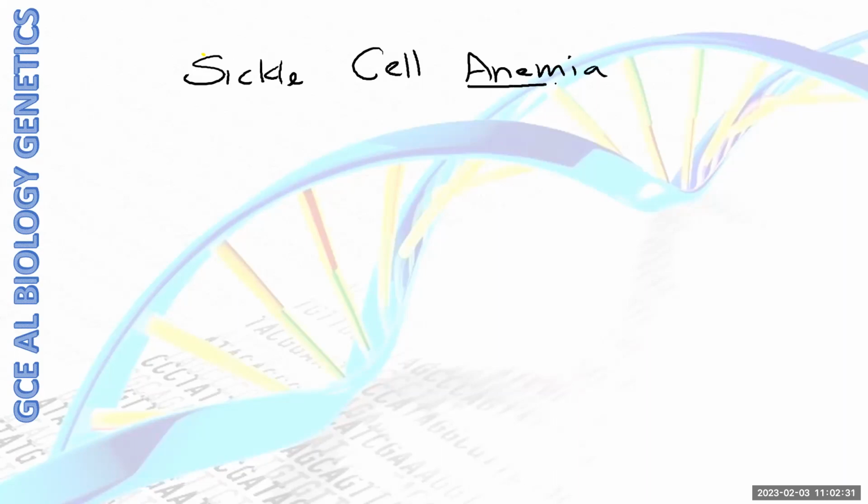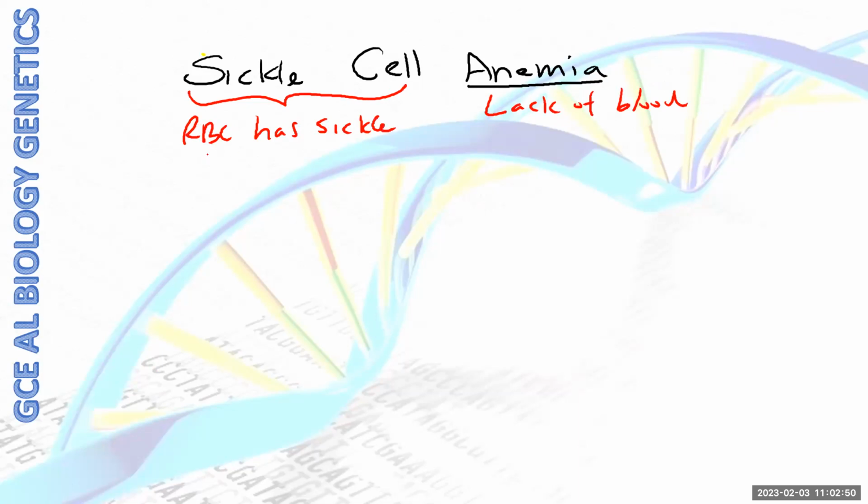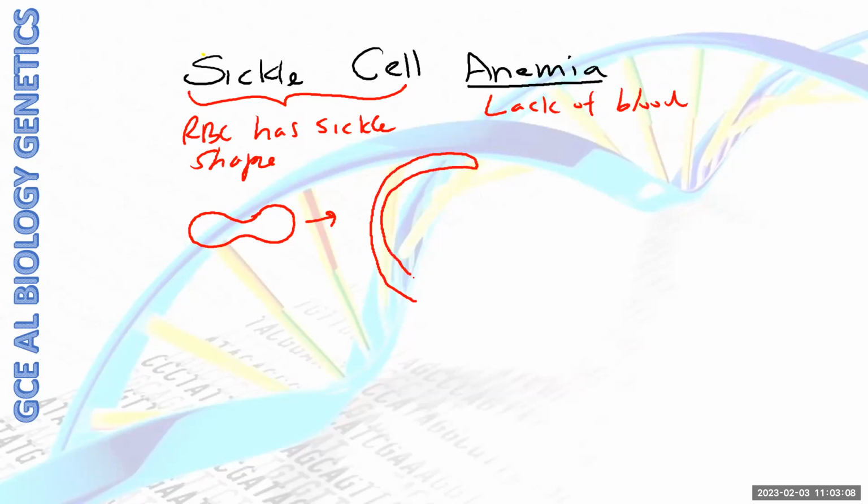Anemia is a lack of blood, a lesser amount of blood. Sickle cell means the red blood cell has a sickle shape. Otherwise, a healthy red blood cell has this biconcave shape like this, but a sickle cell is like this, a very elongated shape.